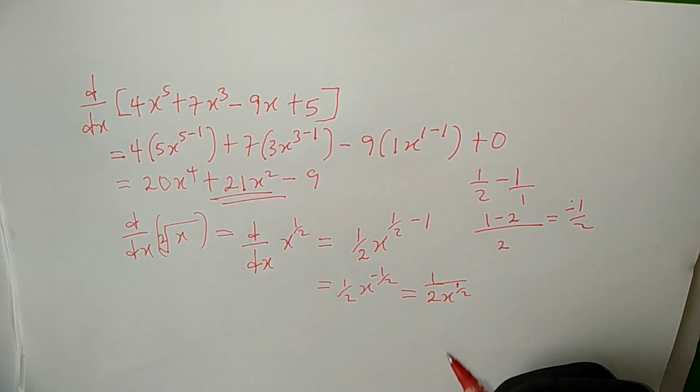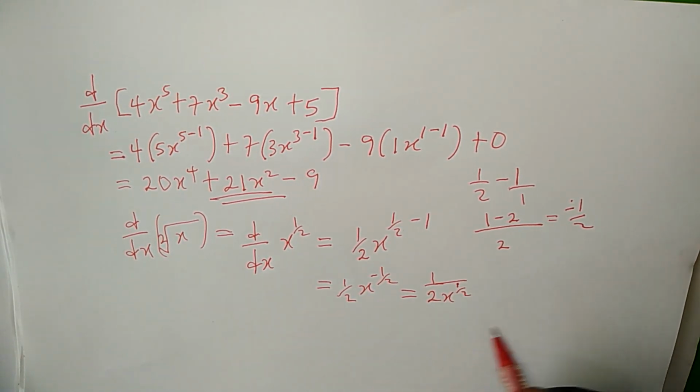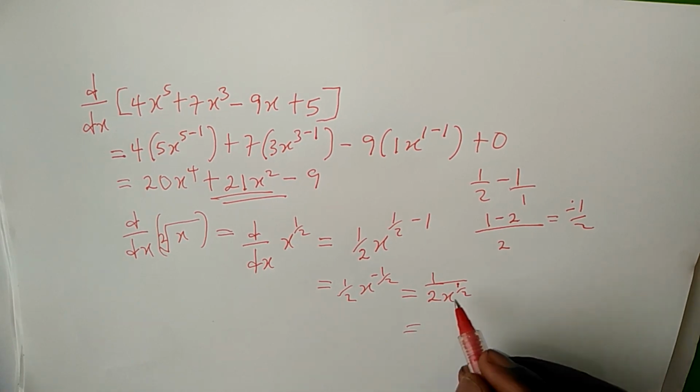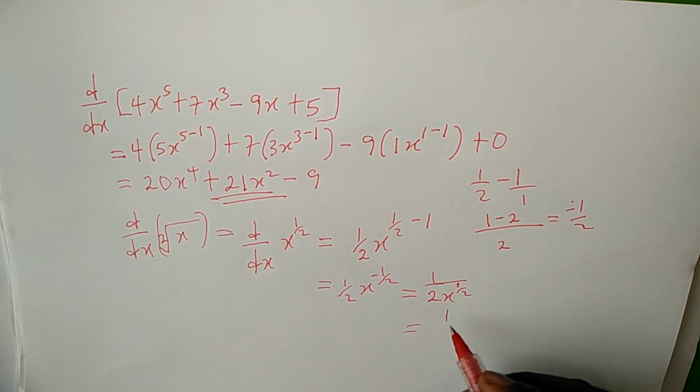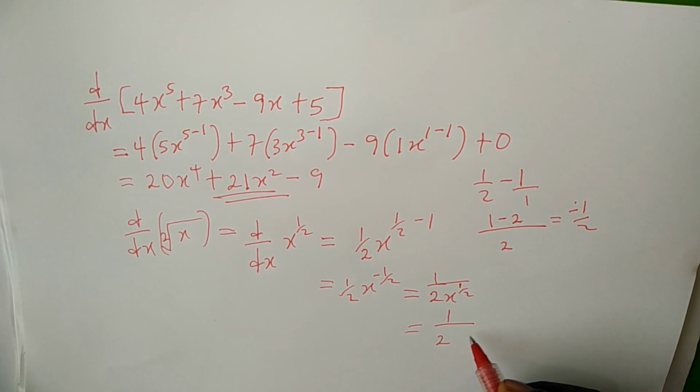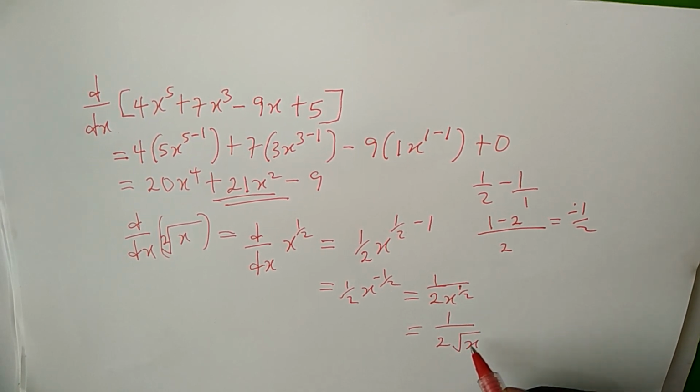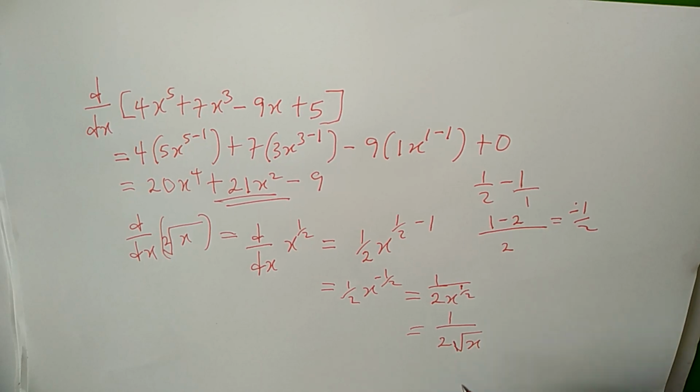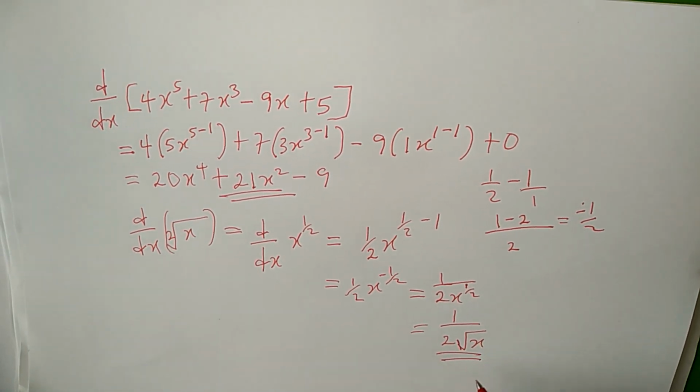Got it? This is how you put it. Now you can also write this to make it look better. You can put 1 over 2 square root of x. This is another better way to rewrite this particular function.